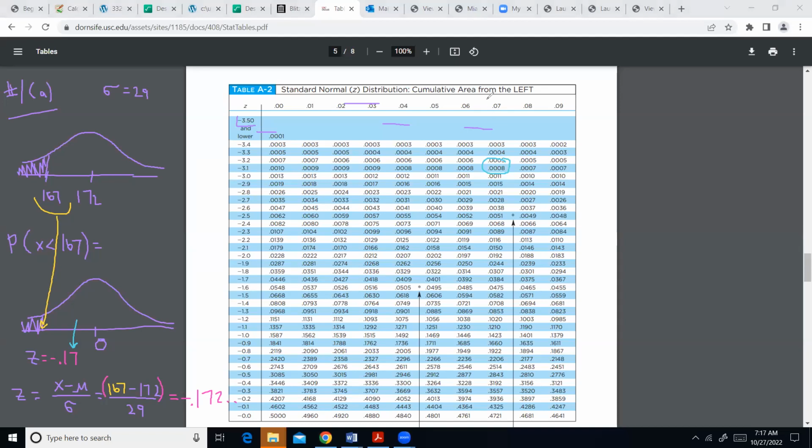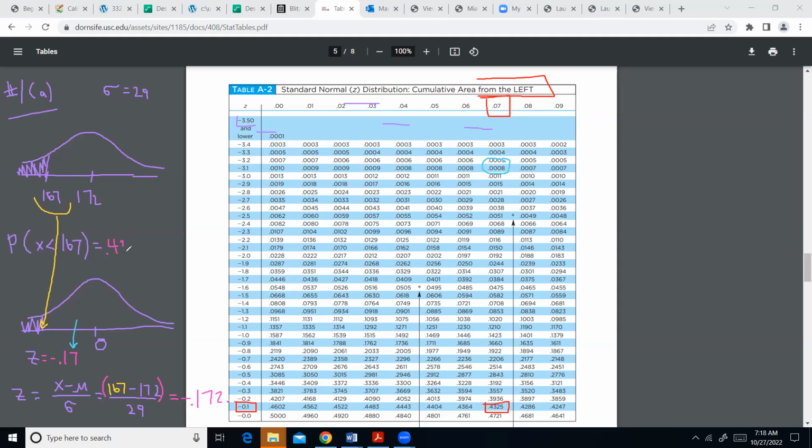There's 0.07, right? The row is negative 0.1. And here's my area. So I found it. Area as usual from the left side, and that's exactly what they're asking us to find. Area from the left. So this is 0.4325.